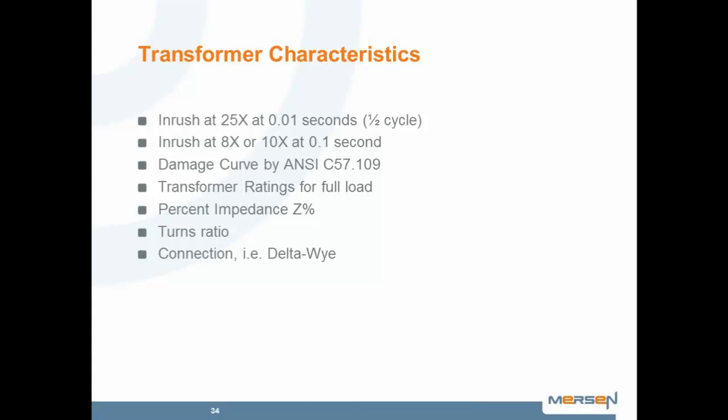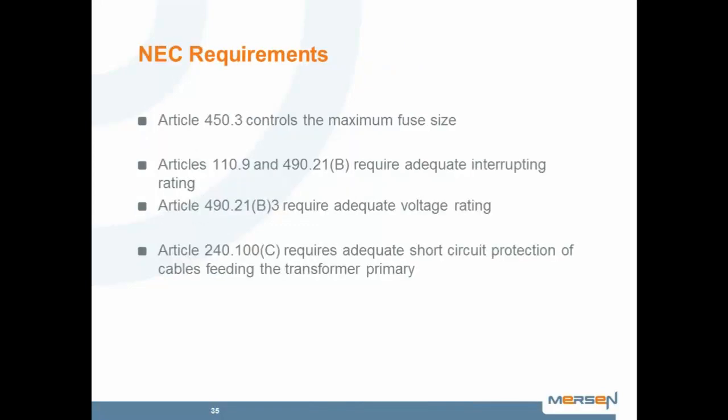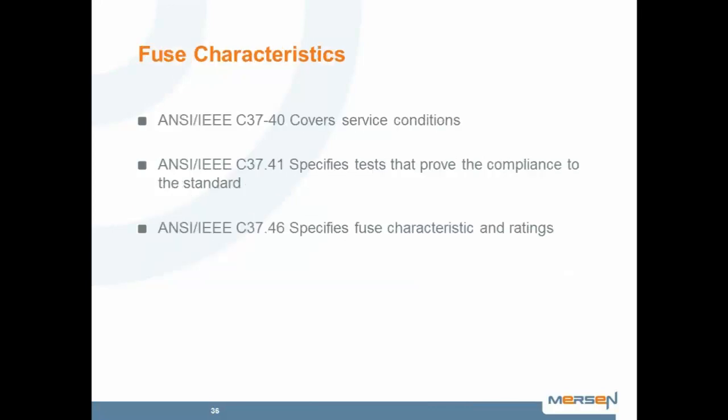You want to have adequate full load current capability and so forth. The National Electrical Code has requirements for the maximum fuse size, adequate interrupting rating, adequate voltage rating, and some of the cabling. Fuse characteristics: ANSI IEEE C37 specifies and covers the characteristics.